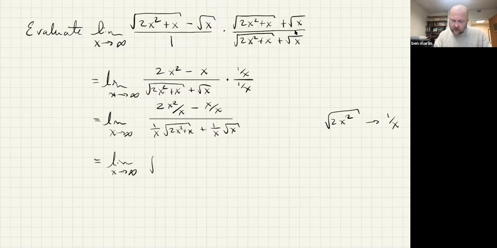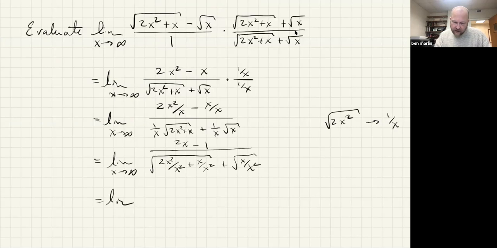So we're pulling, instead of pulling that square out, we are putting something in. So here, putting it inside, you'll have 2x squared over x squared plus x over x squared. And then plus a square root of x over x squared. And up here in the numerator, this turned into 2x minus 1.